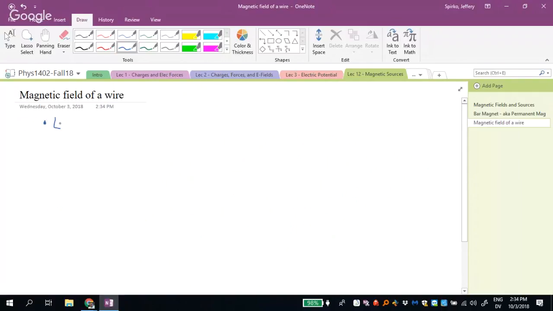So we're going to have a long, straight wire. And I think I did this drawing on Monday. We're going to put some current in here. And it's going to create some magnetism like that.